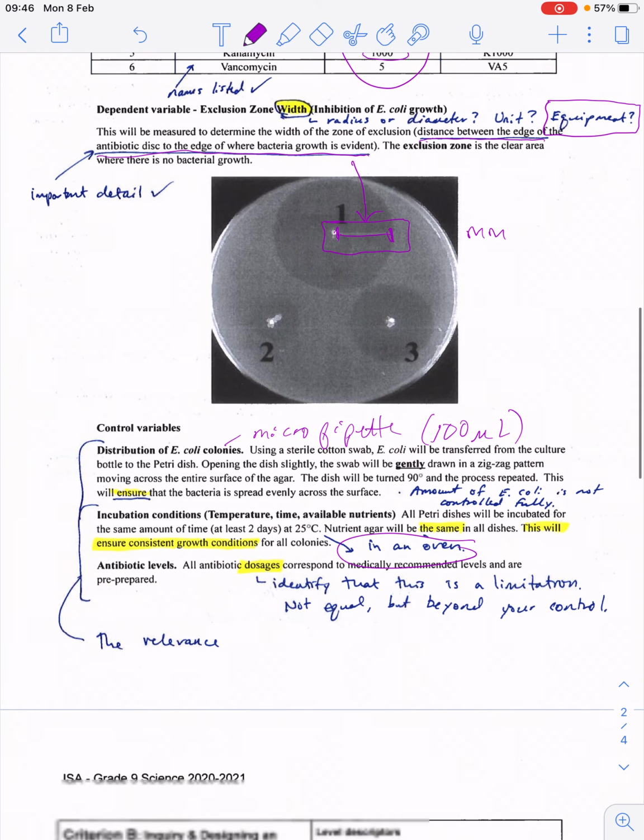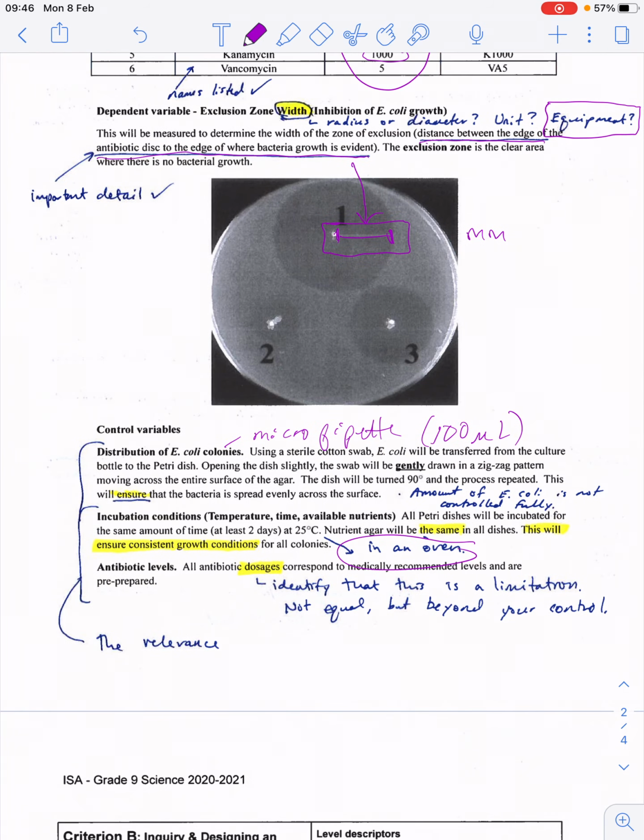And so it's not that this is something that you would be expected to be able to fix or control better, but pointing out that it was a limitation. So one of the things about a good method or a good criterion B is that you show thoughtfulness and you realize if there's something that you can't properly control.